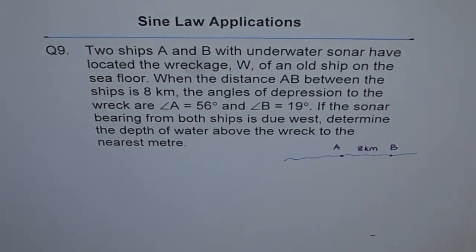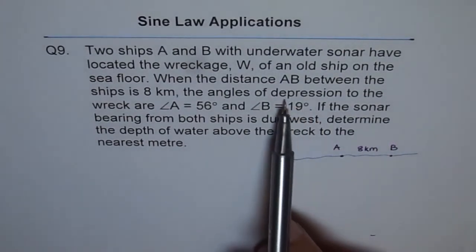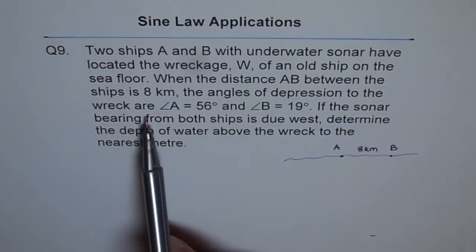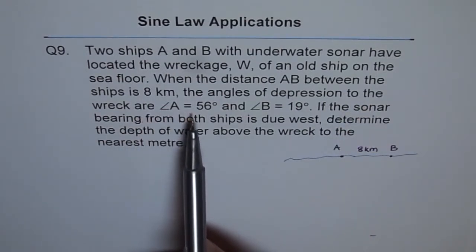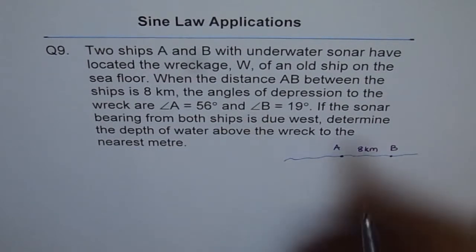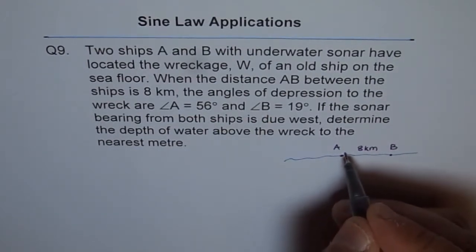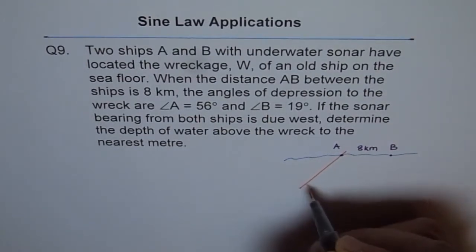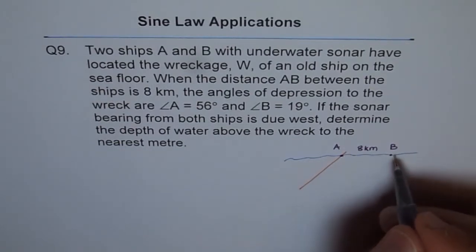Now it says that the angle of depression to the wreck are for A 56 degrees and for B it is 19 degrees. So let's say that this is angle of depression of 56 degrees and from here it is 19 degrees.